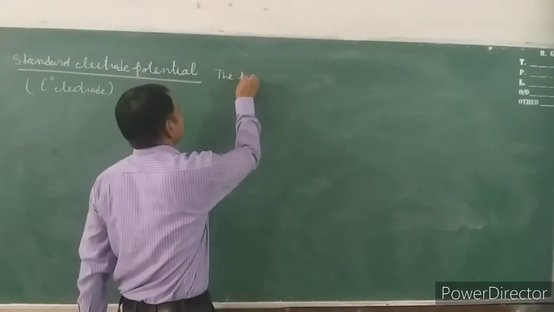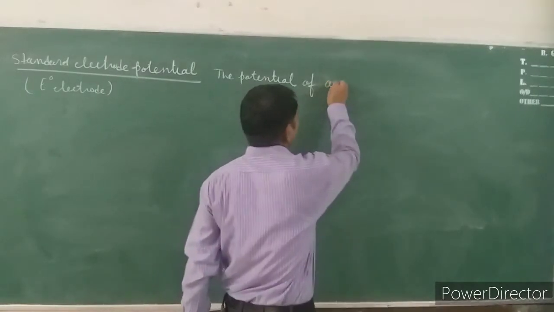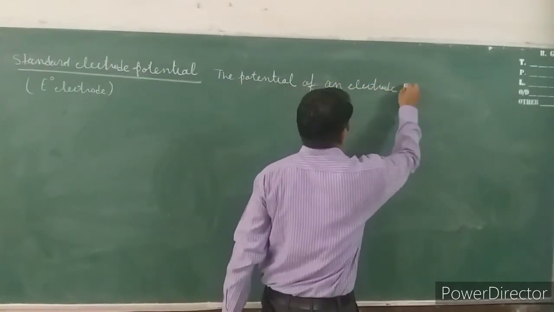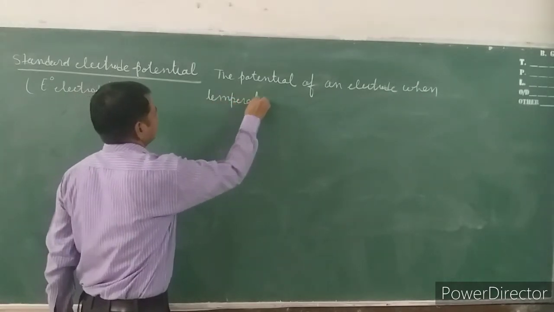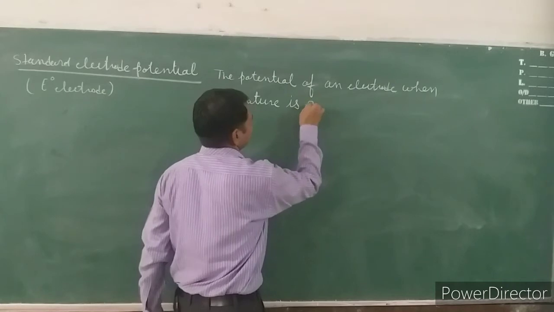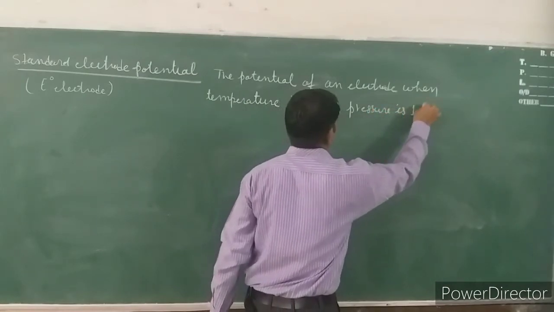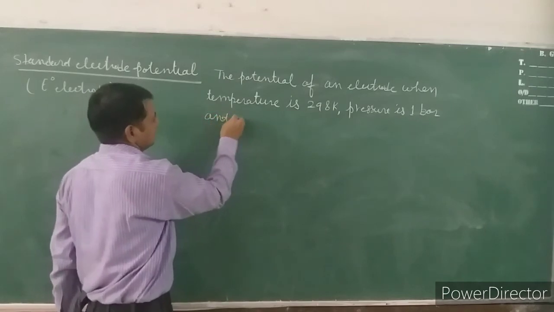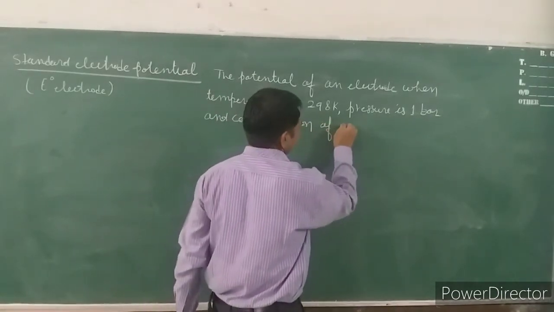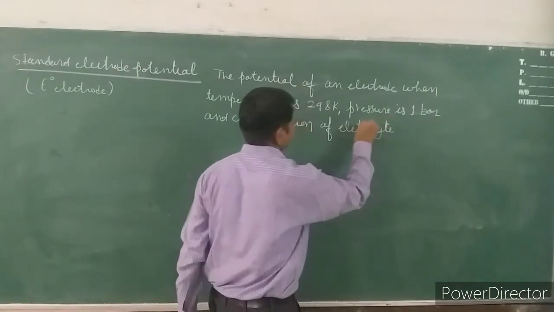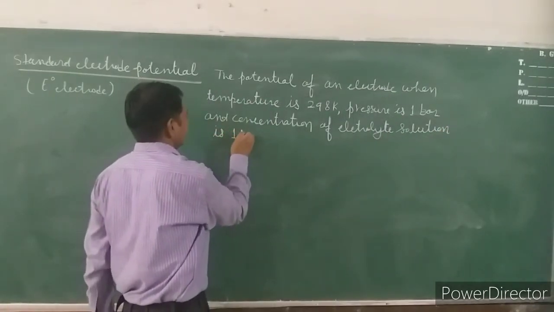The potential of an electrode when temperature is 298 Kelvin, pressure is 1 bar, and concentration of electrolyte solution is 1 molar.